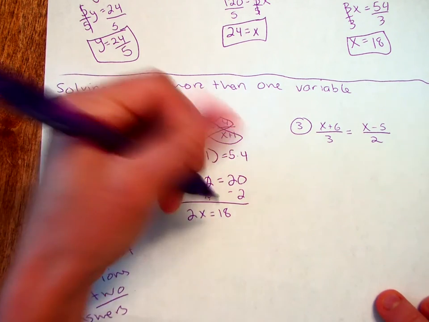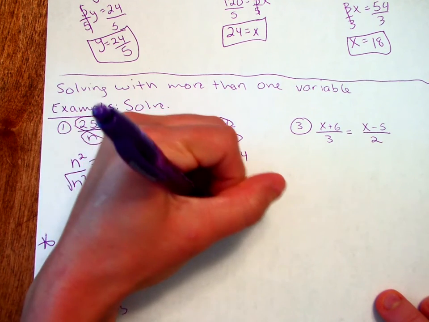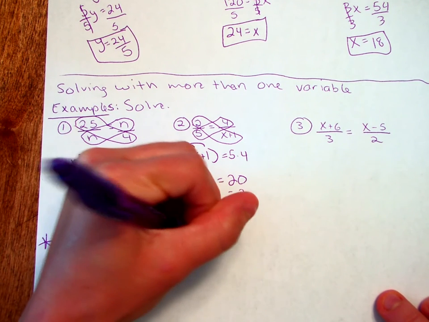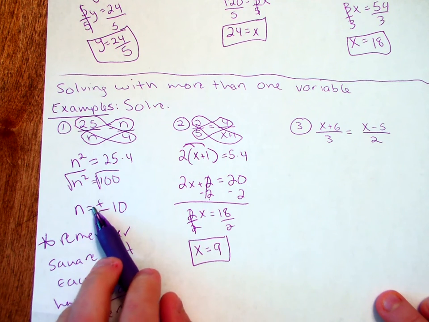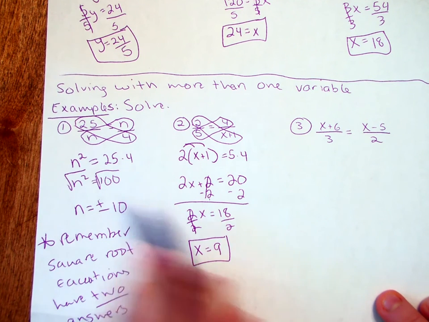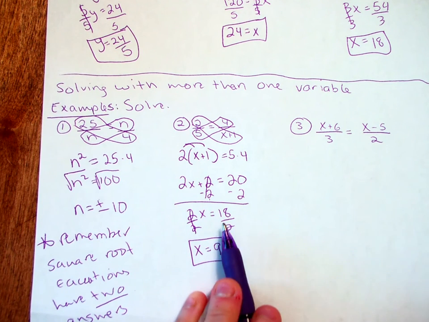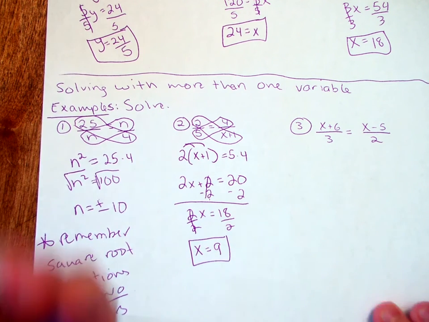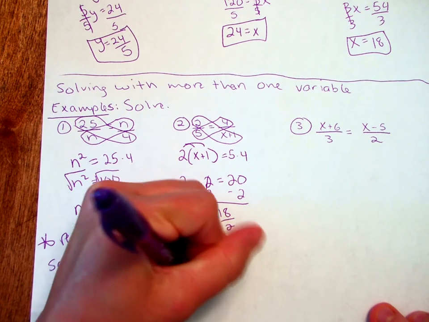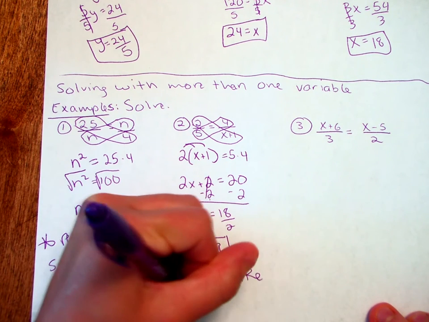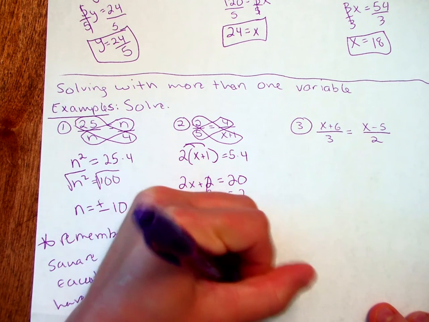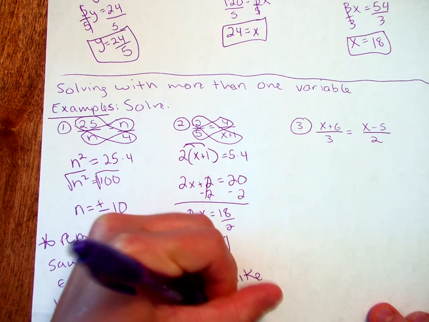You get 2x equals 18. Divide by 2, and x equals 9. So a little bit different from example 1, but all of these, once you get to this step, are different ways that you've solved this year. So your little hint here, solve like a two-step equation.